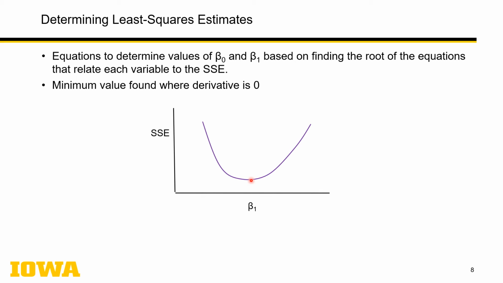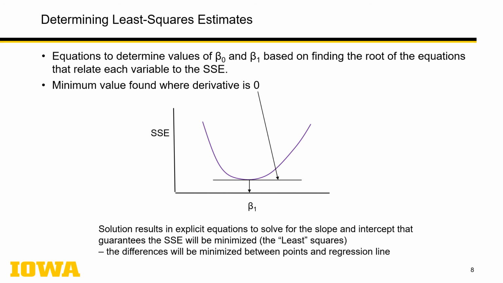Well, you take the derivative of this curve, which is going to be a highly negative slope here, and it's ultimately going to go to 0 at this point right here. Right? So that's what we mean by a derivative is 0. And then, of course, there is some point where the derivative is exactly 0, and that will be the beta 1 we're after.